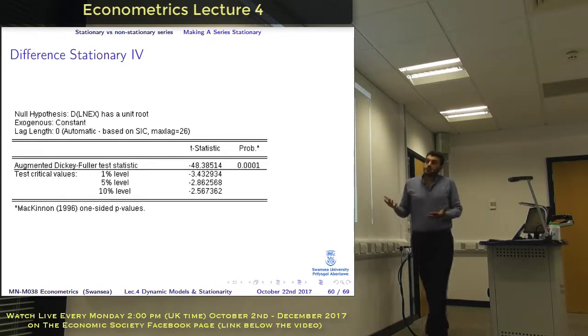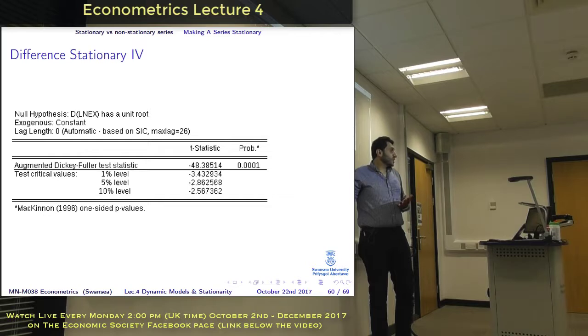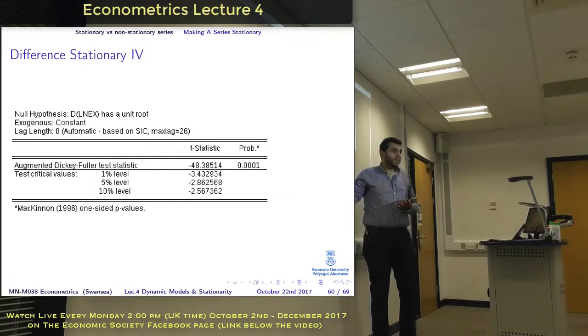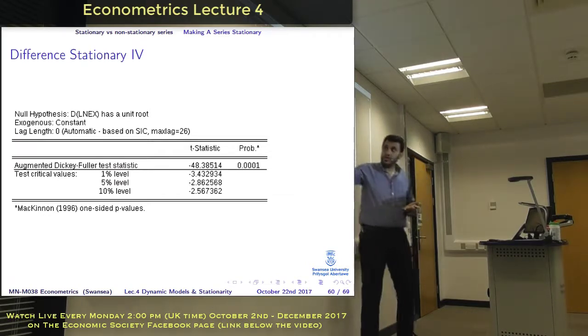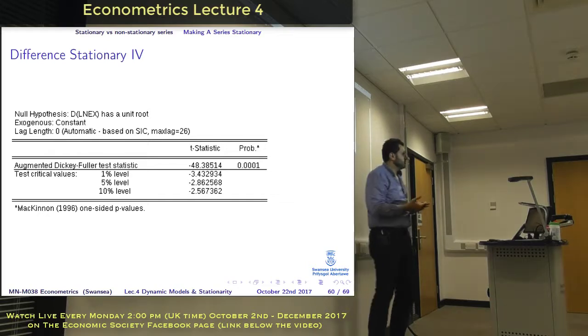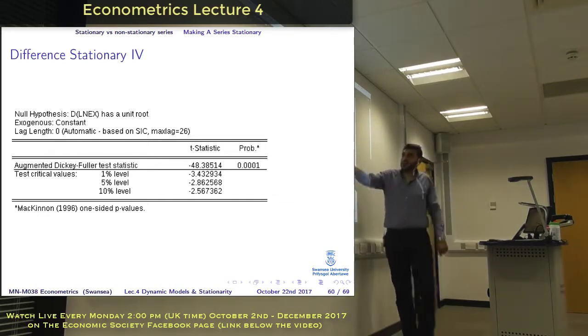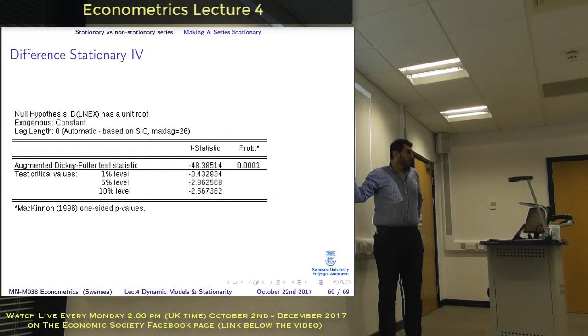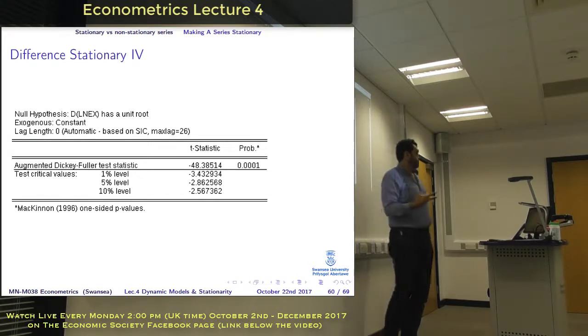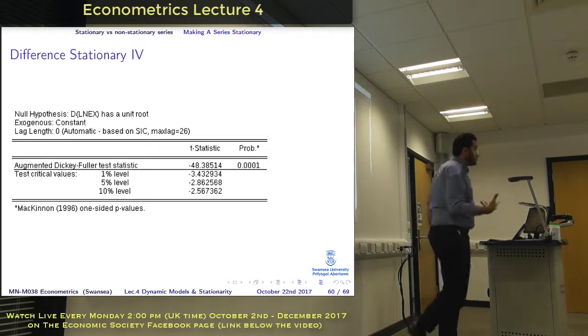Again, we do the test. So this is the unit root test for the first difference of the exchange rate series. And what we have here, we reject the null hypothesis, meaning now it becomes stationary. So it was a non-stationary series.